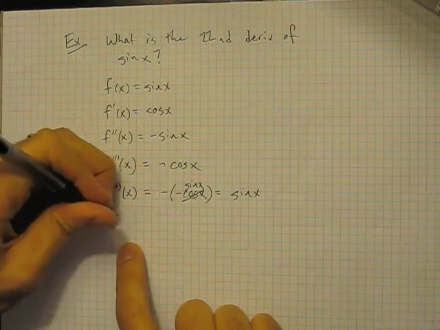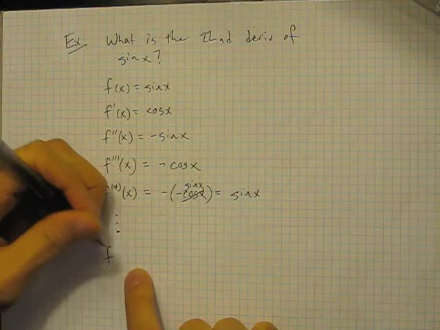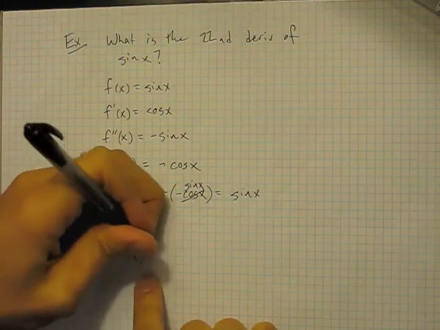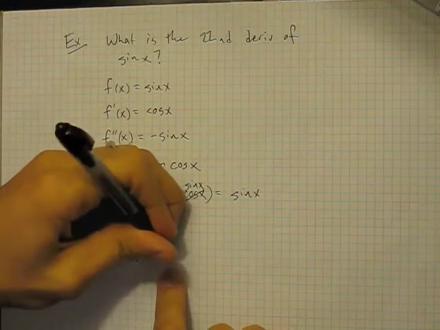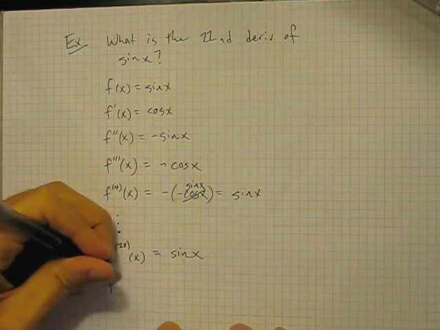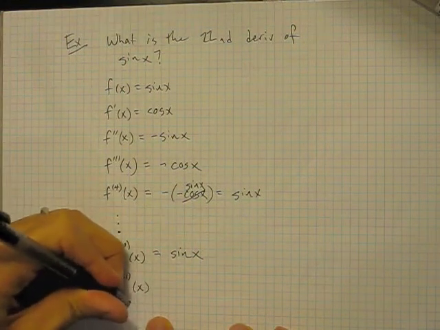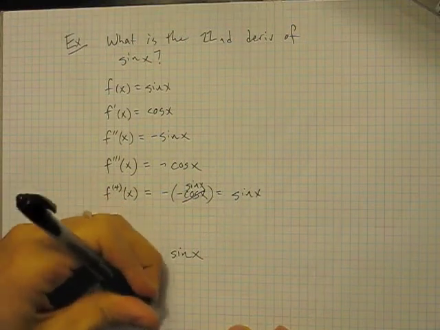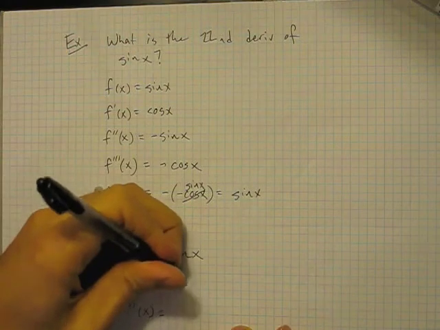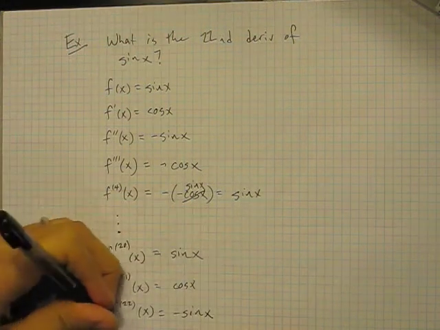If we extrapolate, the 20th derivative will be sine of x, and the 21st and 22nd derivatives we can just read off of the first and second derivatives. So we get cosine of x and minus sine of x. This is the answer here.